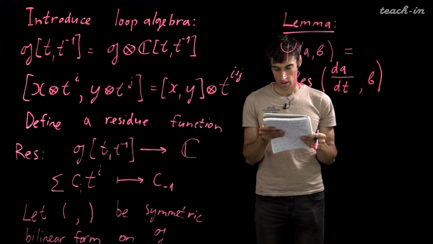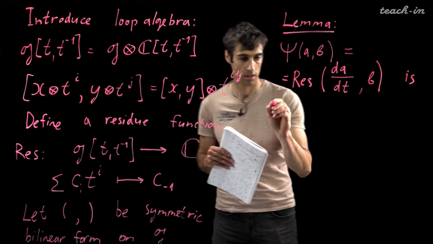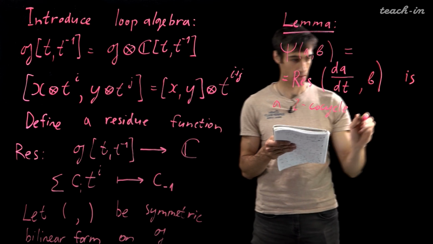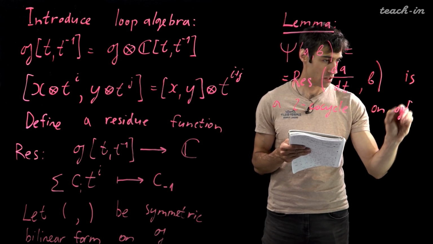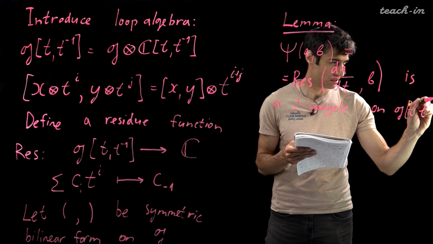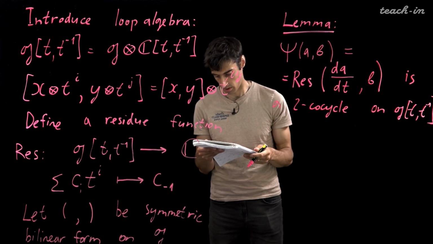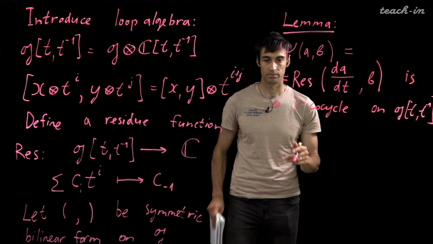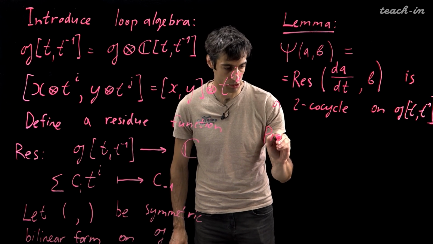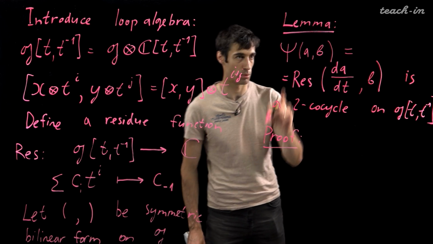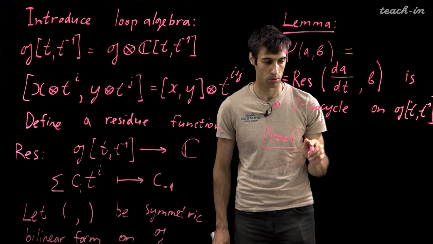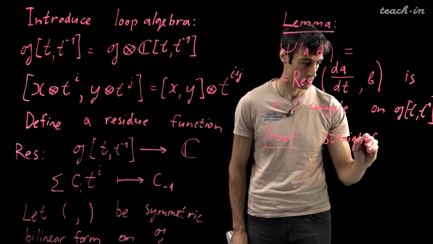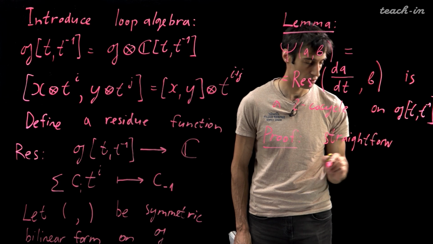Such a thing is a Tuka cycle on the loop algebra. Okay, the proof is just straightforward. You just check all the properties that we need for psi to be a Tuka cycle. So straightforward. I will leave it as an exercise.